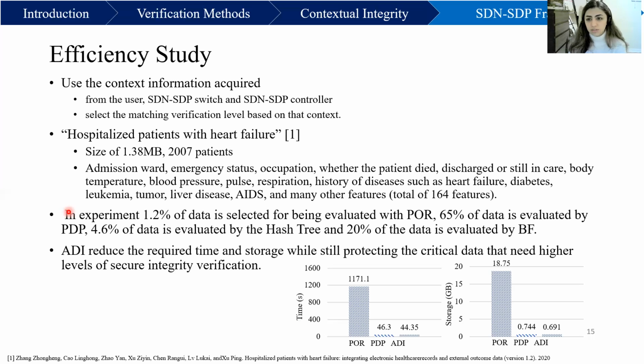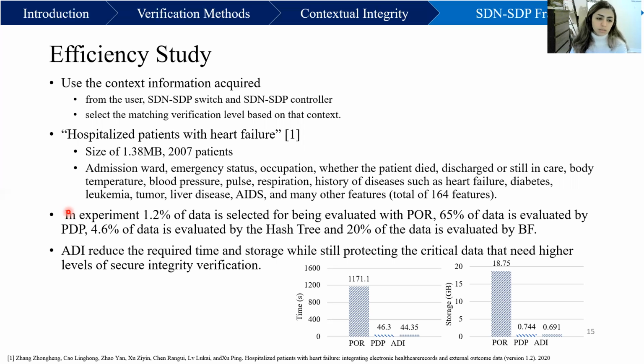Patients with a history of diseases, this is very important information, and it should be stored using POR. If they have diabetes or not, that's also very important. Leukemia or not, tumor: people who have diabetes, leukemia, tumor, or a combination of multiple diseases, their information is super important because they are in critical condition. If they have liver disease, AIDS, and many other features, it had a total of 164 features.